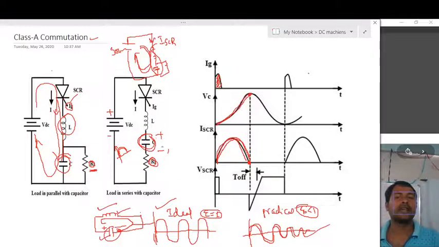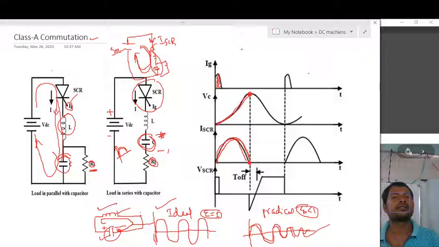If the capacitor is charged to the peak value, then this supply will be opposite to the SCR.